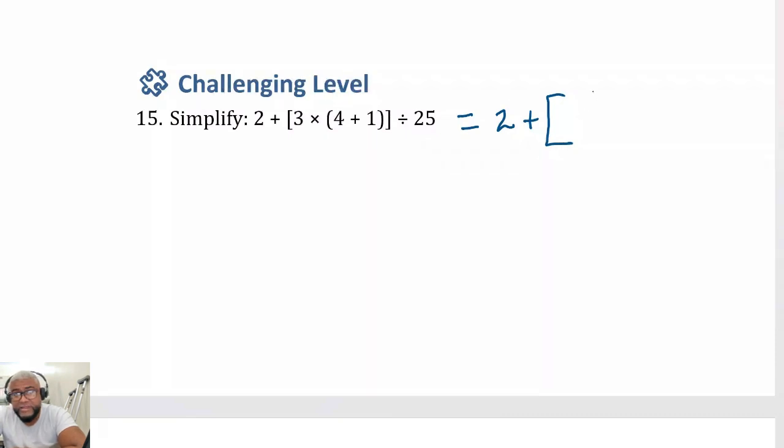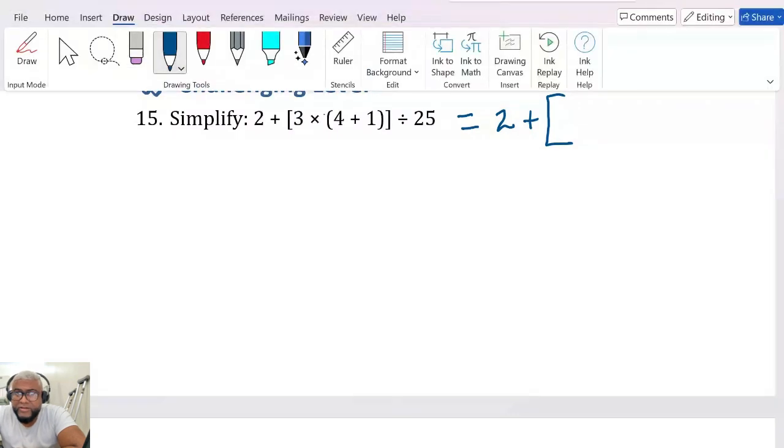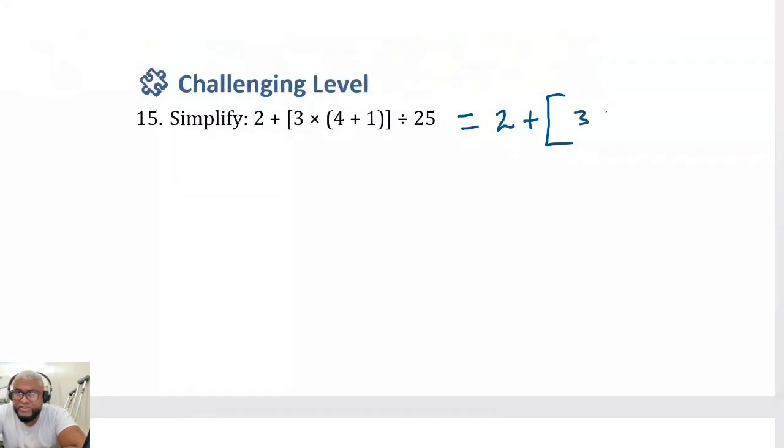So what goes inside the square bracket? 5. So that's putting 5 here? No, 3 multiplied. Let's put it in the same order, right? So you put 3 multiplied by 5. Excellent. Put your next square bracket. Then what do I have to put here next? Divided by 25. Excellent, Sapphire.